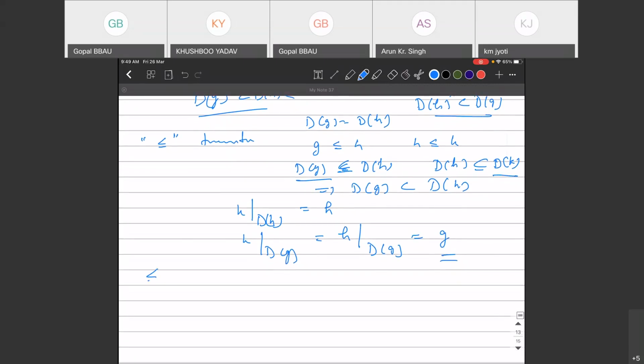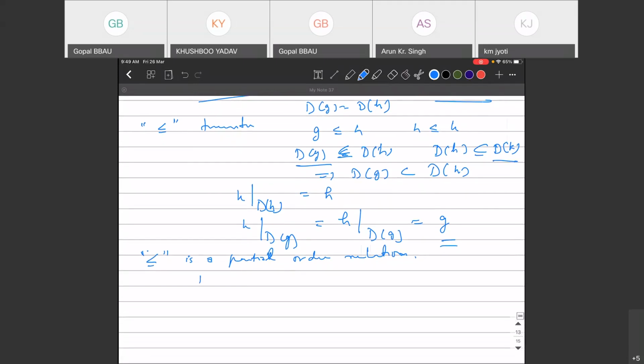So this implies it is a partial order relation. So E is a partially ordered, non-empty set. Correct?